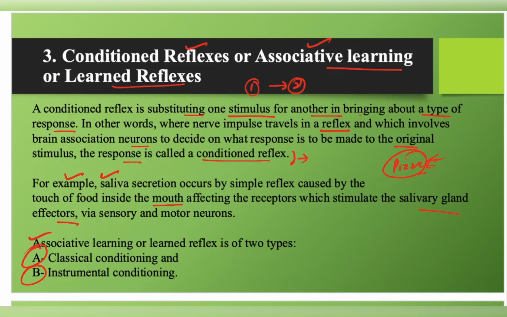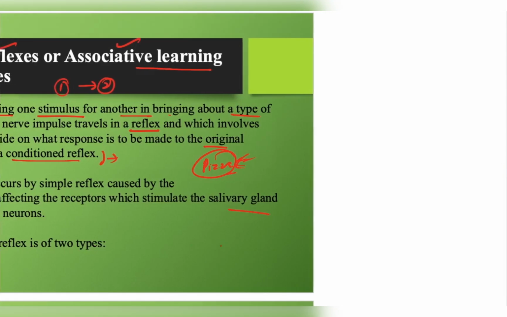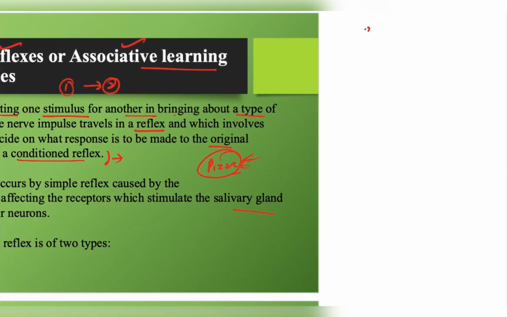In classical conditioning, the association is between two stimuli. So basically, stimulus to stimulus association is there. But in instrumental conditioning, the conditioning is based on the response, right? So there is response conditioning.